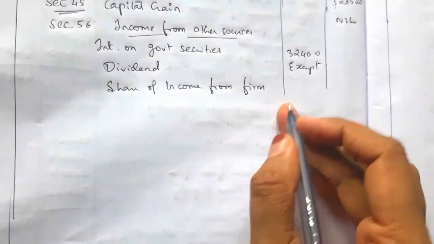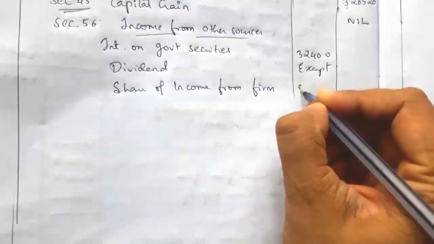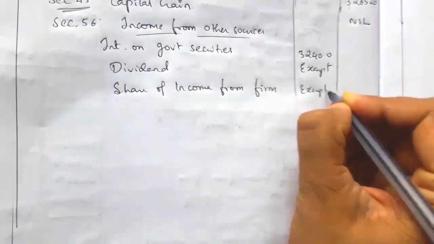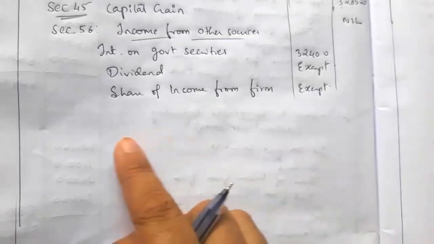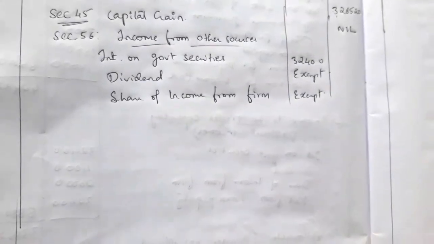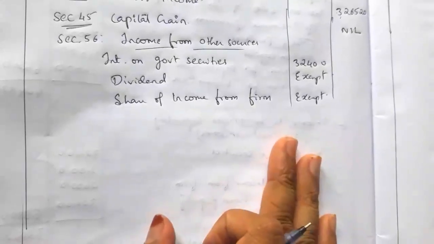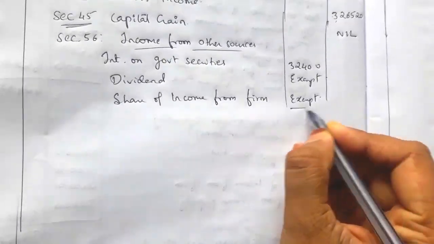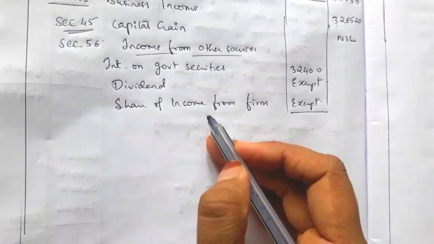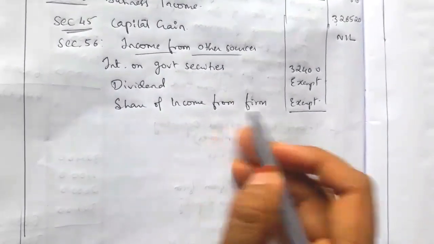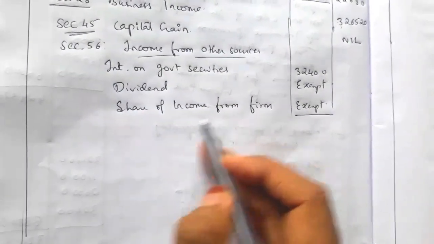Then share of income from a firm is also exempt as per section 10. As per section 10 under tax free income, we have learned about the share of income. Whatever income the partner receives from a partnership firm is exempt in the hands of the partner, because the firm pays tax on the total income it receives.